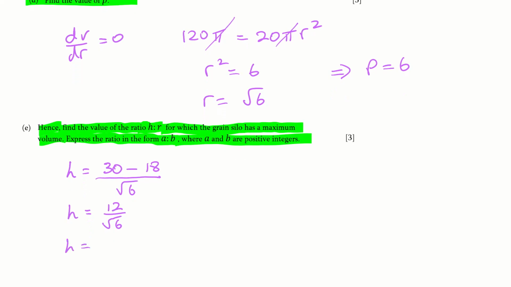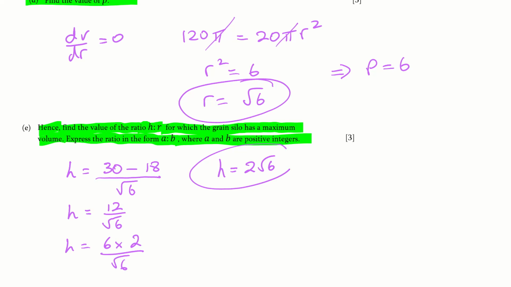So h is going to be 6 times 2 over root 6, giving h is 2 root 6. Well, r is root 6, h is 2 root 6, so h to r is going to be 2 to 1.